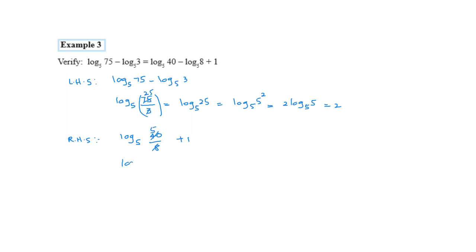So log base 5 of 5 plus 1 equals 1 plus 1. Log base 5 of 5 is 1. 1 add 1 is 2. So what do we have to say? Here, the left hand side is equal to the right hand side.